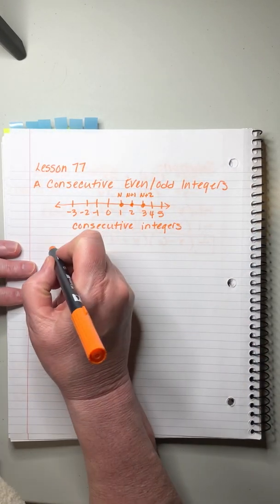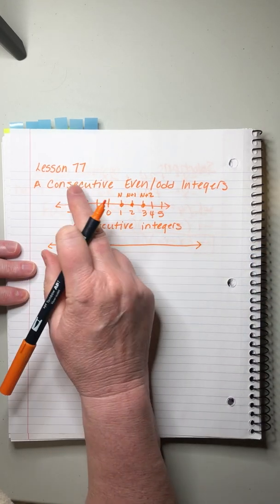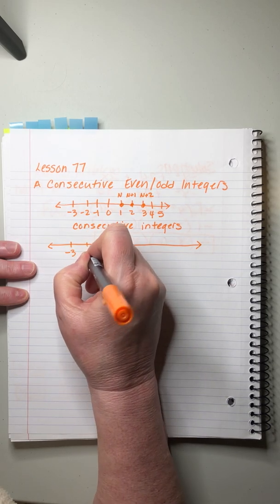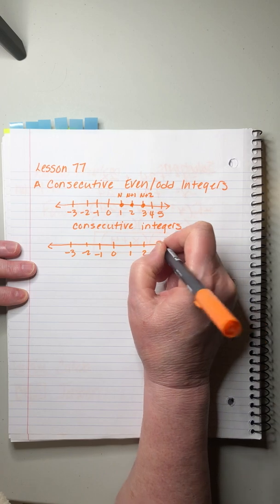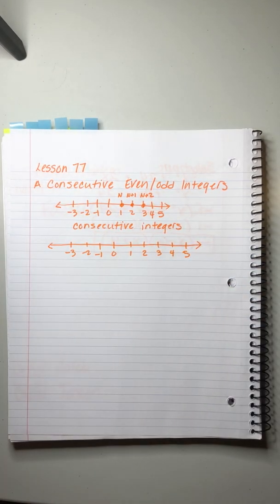But what if we want to envision a problem where we're finding consecutive even integers? I know you're copying madly. I'll breathe for a second to give you a chance to catch up.